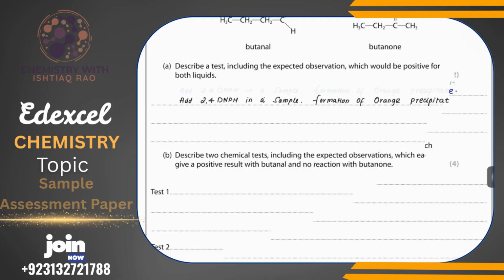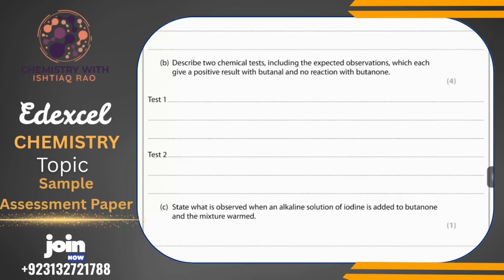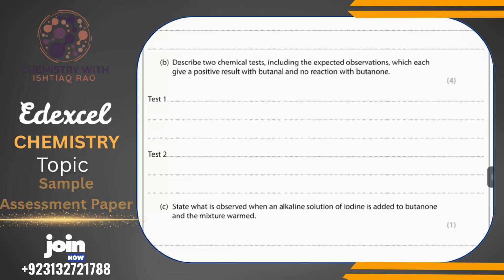Okay. Describe two chemical tests, including the expected observations, which give a positive result with one and no reaction with butanone. So ketone, no reaction. With aldehyde, there is a reaction. So the first one is react with Tollens reagent, and the positive result is formation of silver mirror, right?